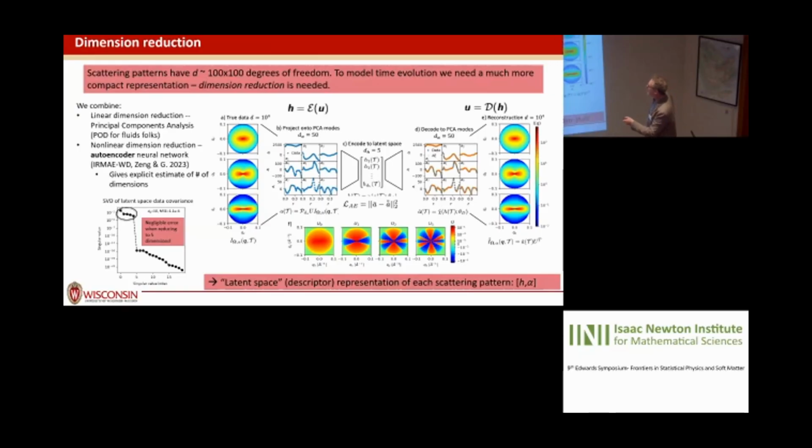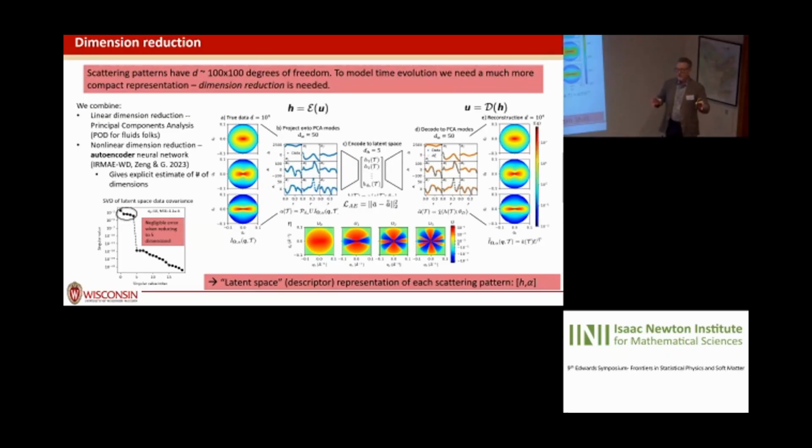One question that often comes up here, and so I'll say a little bit about it now, is that this is a description that's in some sense optimal. It's minimal, right? We have negligible error going from our 10,000 degrees of freedom down to 5 degrees of freedom plus a phase, and then back to our 10,000 degrees of freedom. All right, but it's not interpretable.